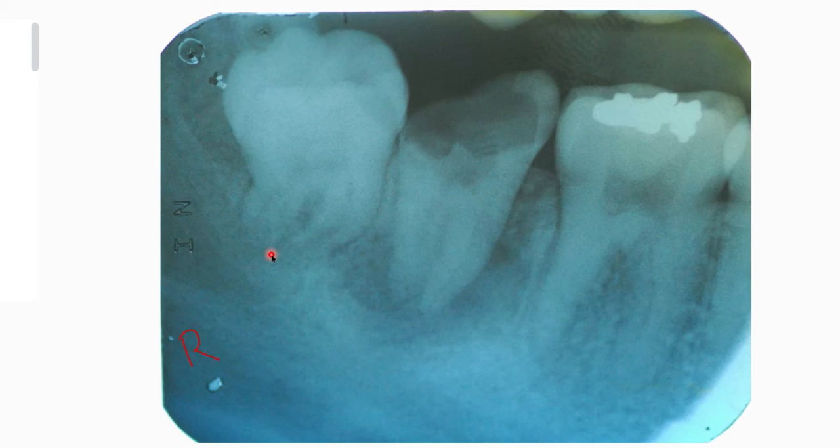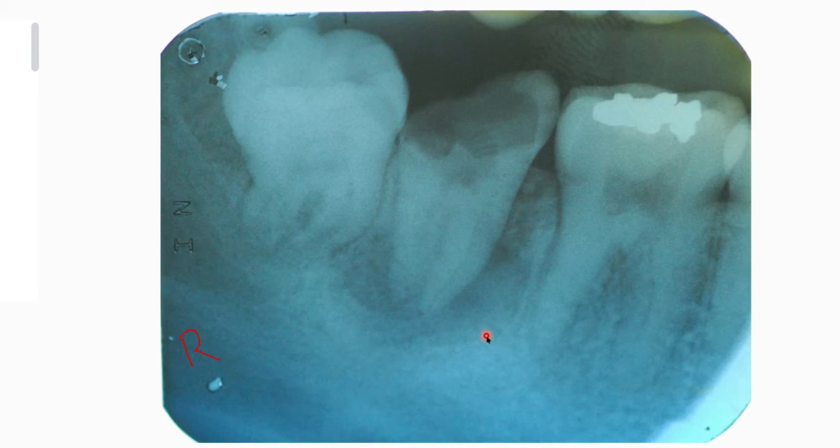Then coming to your radiographic diagnosis. Radiographic diagnosis: occlusal amalgam restoration in relation to 6. Dental caries with periapical involvement in 7. What could be a radiographic diagnosis for 7? Rarefying osteitis. No. Apical abscess. Very good. You can write periapical abscess. Okay, I will say why it is not rarefying osteitis.